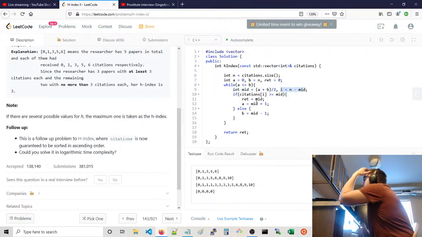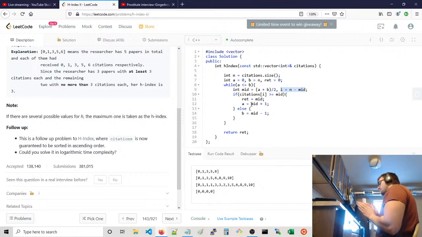I is n minus the number of papers that we're looking for. So basically this index will give you, from left to right, the number of papers that you need. And basically n minus I should give you mid.